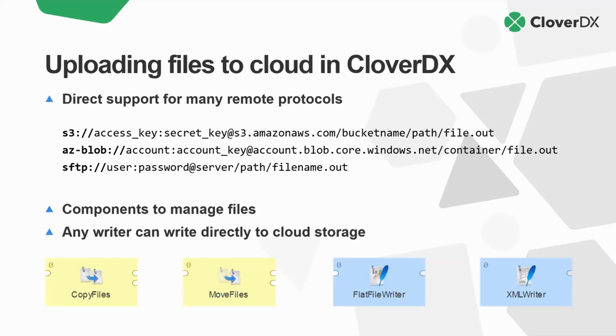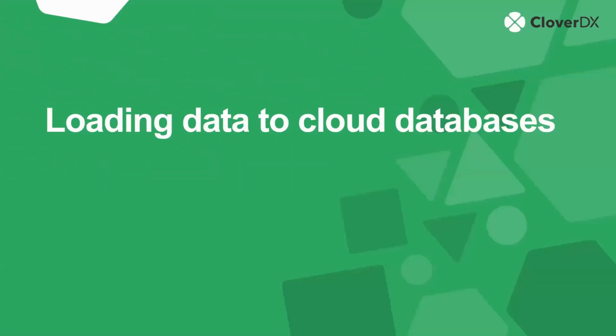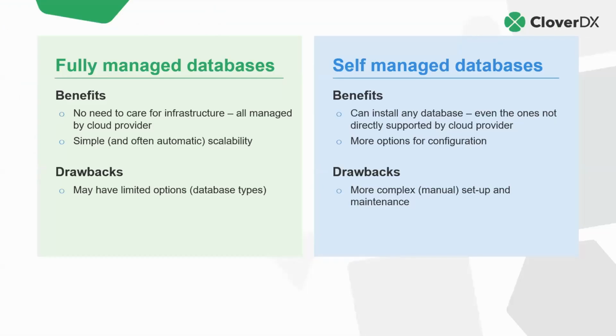Now let's look at a little bit more complex system, and that's working with databases in cloud. This is an interesting topic because there are many different databases you can install in cloud. And the first thing that you would hit when you are thinking about doing something with a cloud database is the distinction between fully managed and self-managed database.